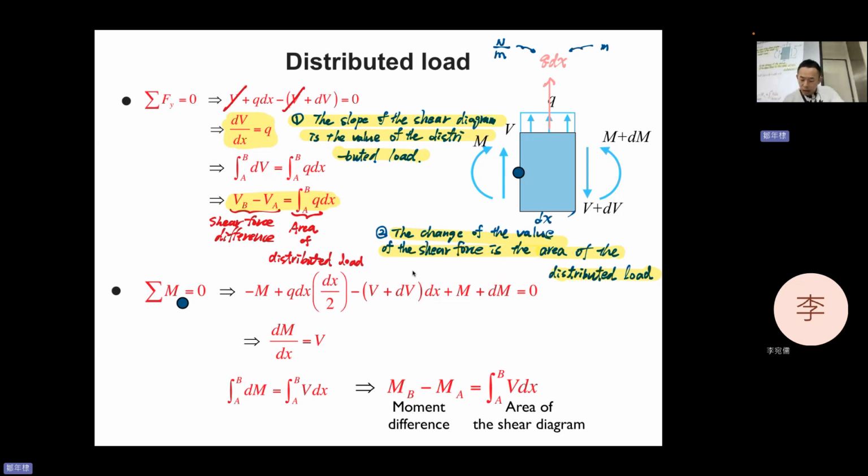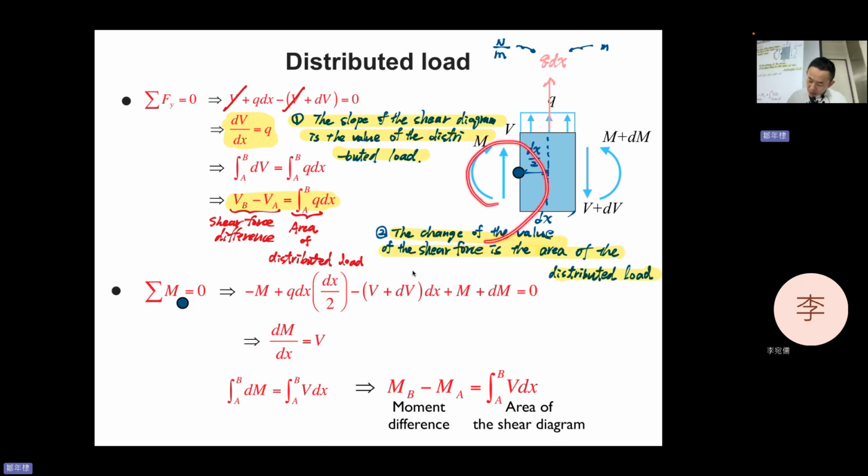Now, let's talk about M. What about M? So sigma M about the blue dot equals 0. For V, we don't need to consider it because it has zero moment arm. Now for the moment balance, half dx.